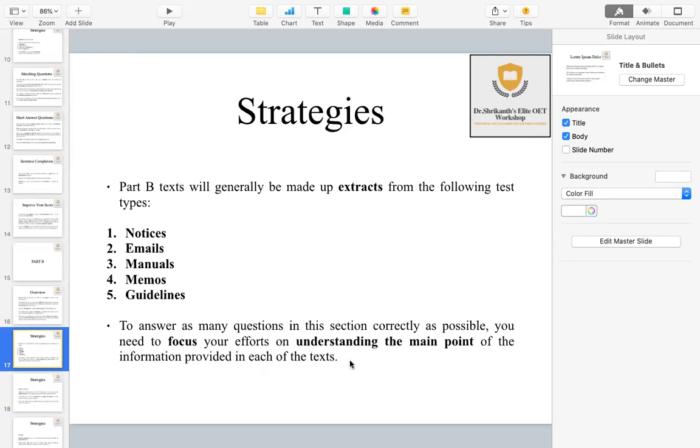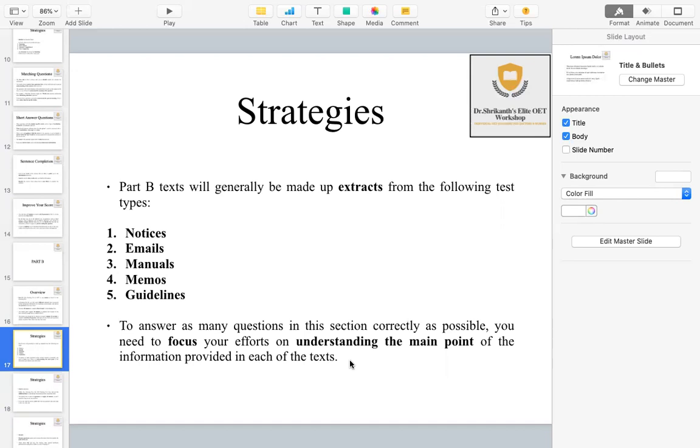To answer as many questions in this text correctly as possible, you need to focus your efforts on understanding the main point of the information provided in each of the texts. The strategy is constant and the same for all three modules. When it comes to reading, you just have to read and understand the main point, the purpose of the text.